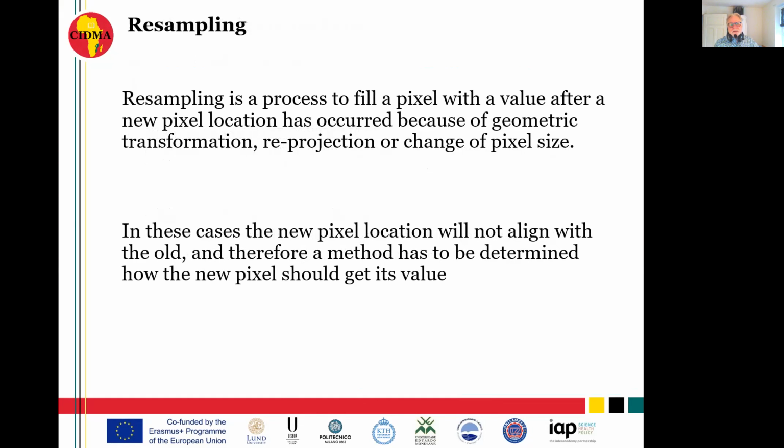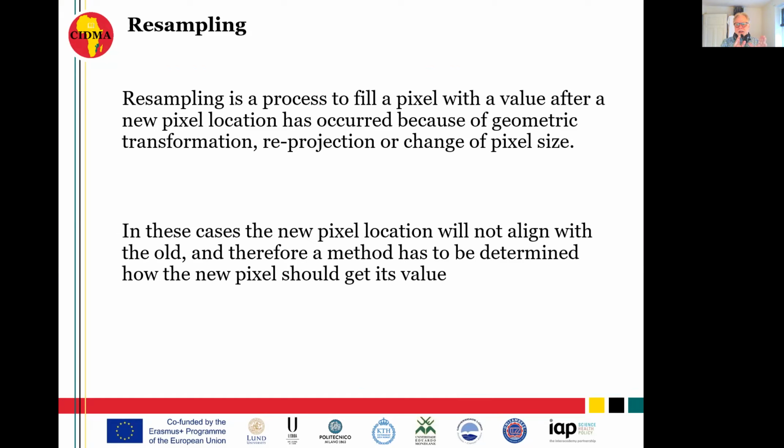And resampling is another thing we need to do sometimes with satellite data. It's a process to fill a picture with a new value after the pixel has shifted its location because of a geometric transformation, for instance, a reprojection of the satellite data, or a change of pixel size.